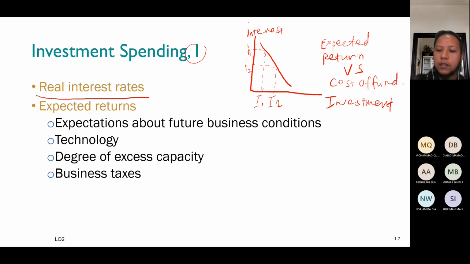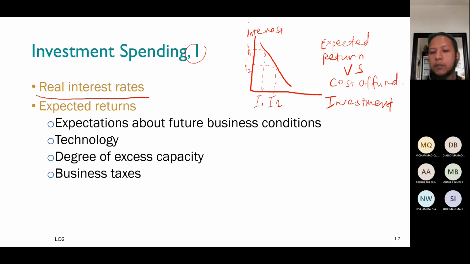So these are the factors that a business considers, and when you open a business, you will also consider this. If, for example, you do not have any money, you can borrow from the bank, and the interest that you pay is the cost of fund.